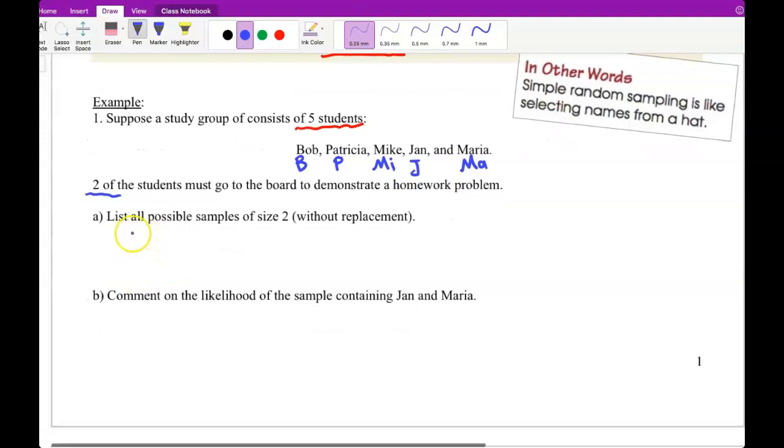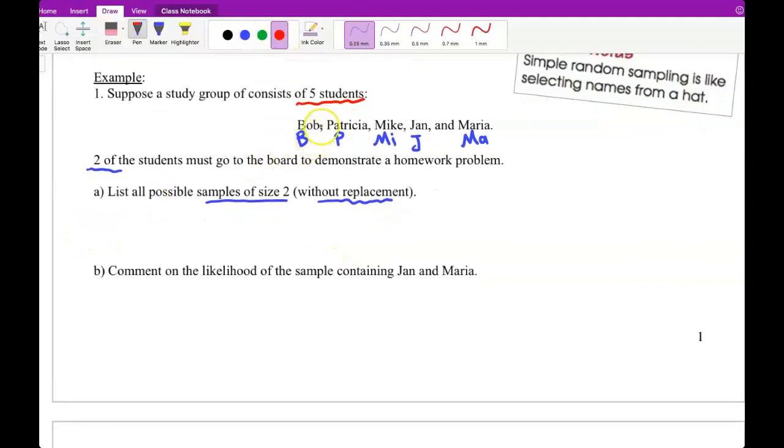Part A lists all possible samples of size 2. So the sample is of size 2, listing those possible samples without replacement. I want to start from the left side. I'm choosing 2 individuals from this population.